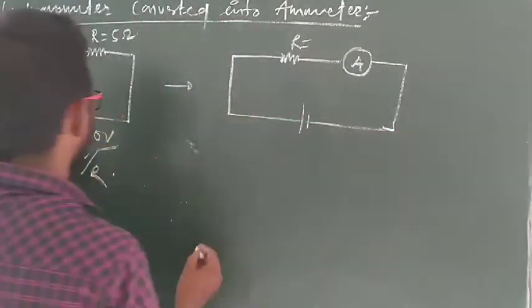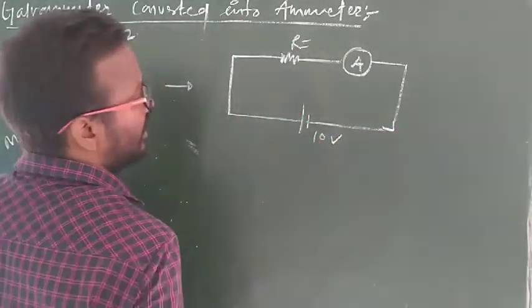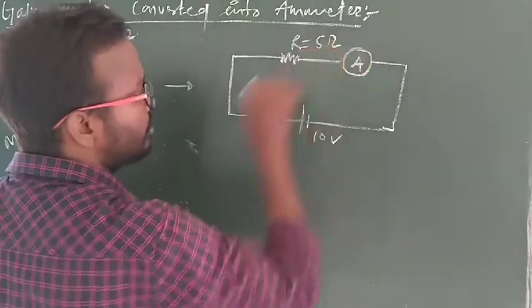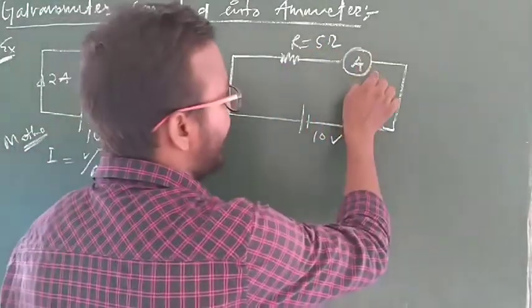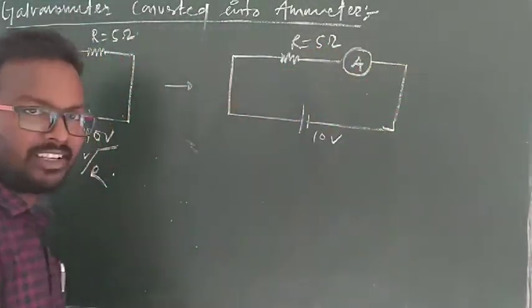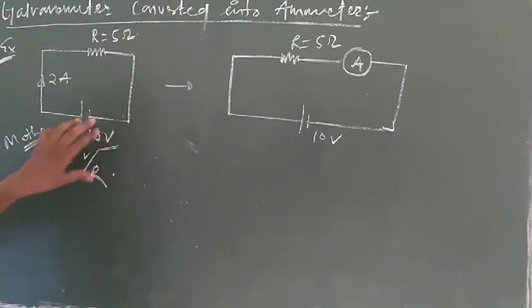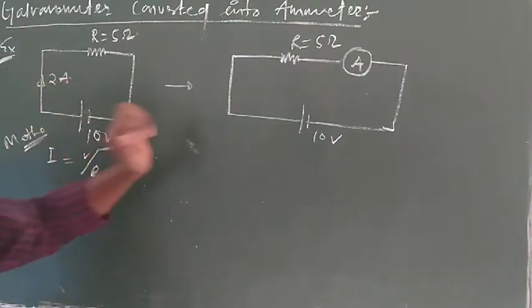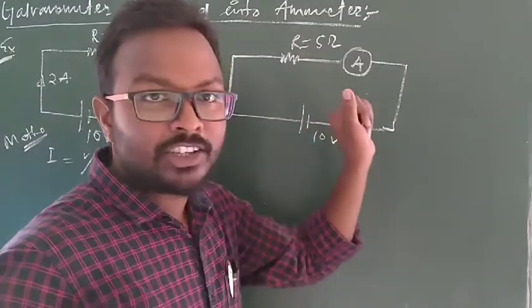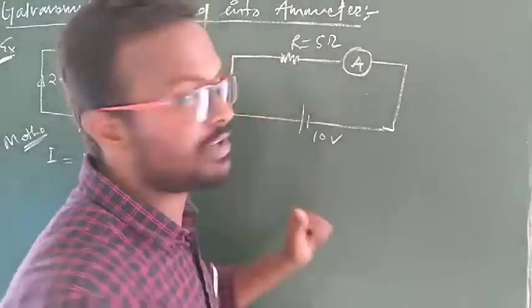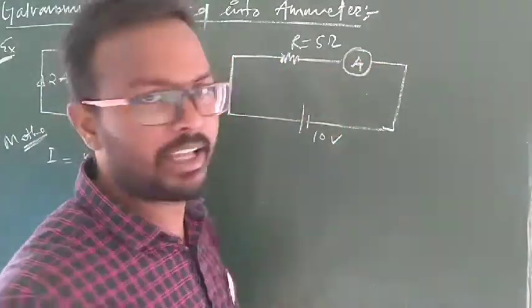Suppose this potential difference is 10 volt, and this resistor is 5 ohm. We have to find the current flowing through the circuit, and this is a mathematical expression, where the current is 2 ampere. Here we have to find the reading of the ammeter.